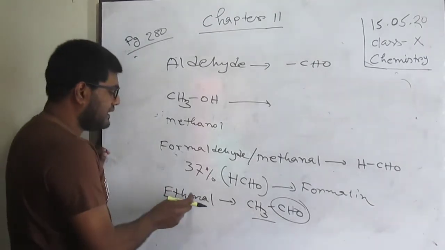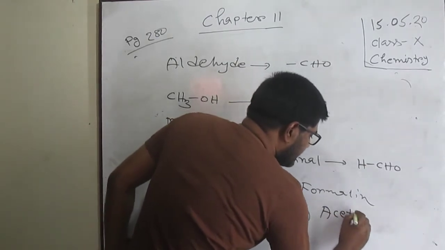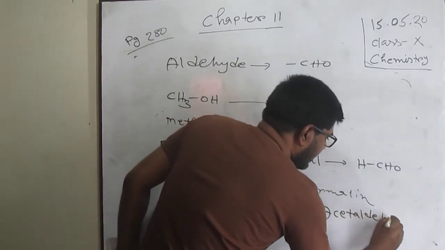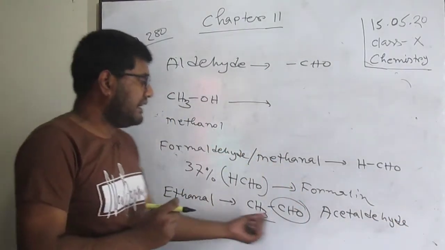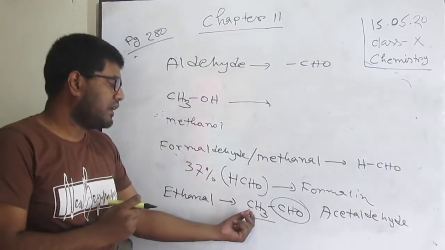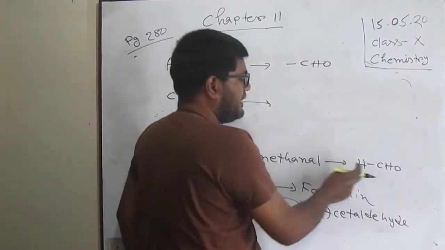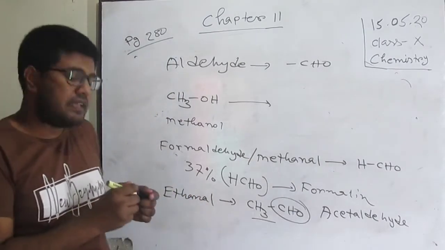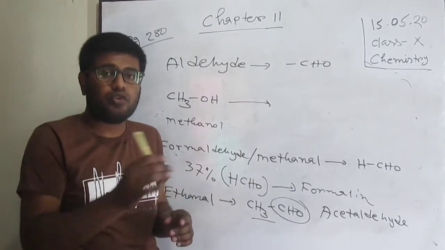Another name of this ethanal is acetaldehyde. So you should memorize its name. Ethanal and acetaldehyde is the same thing. Its formula is CH3CHO, and formaldehyde or methanal has the formula HCHO. So you should memorize this.